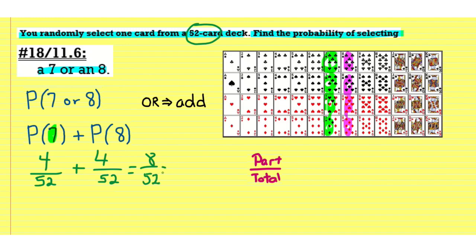Then I can reduce that to 4 out of 26, and I can reduce that again. The final reduction is 2 out of 13. So the probability of selecting a 7 or an 8 out of a 52 card deck of cards is 2 out of 13.